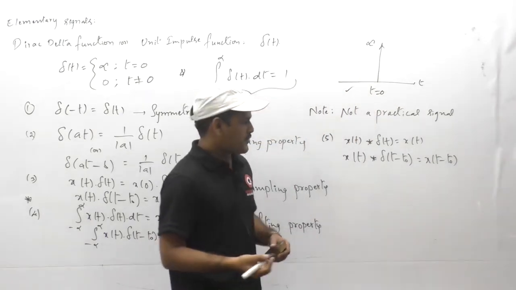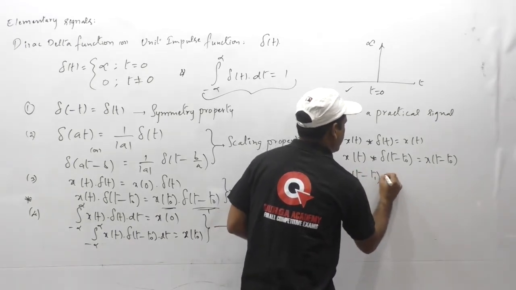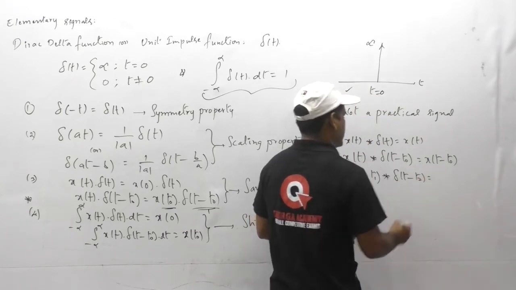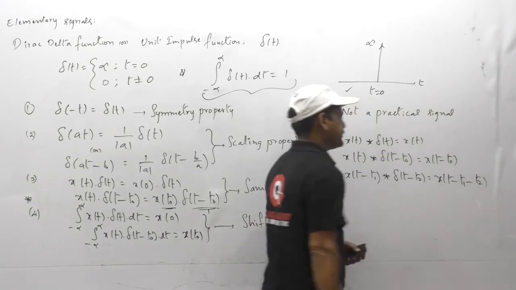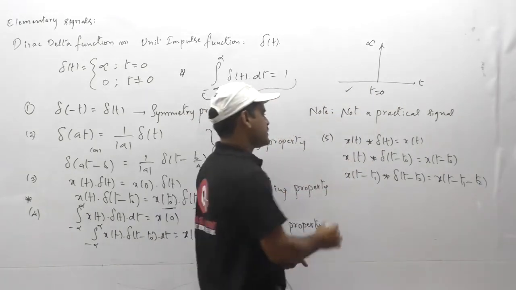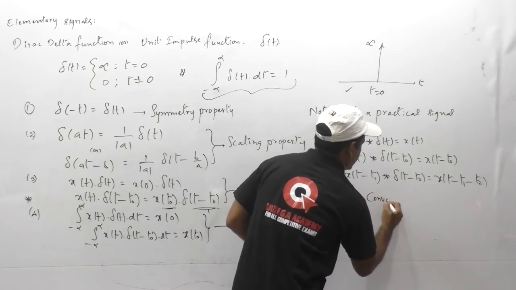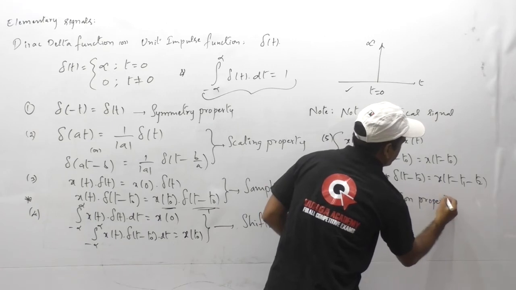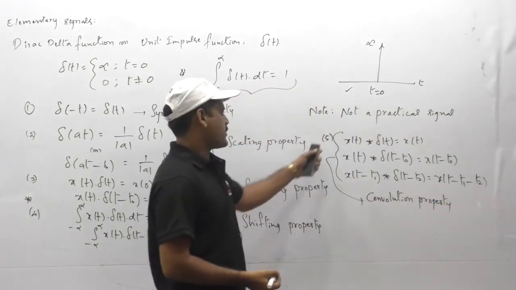We have one more form of the convolution property: x of t minus t1, whenever it is convolved with del of t minus t2, we will get x of t minus t1 minus t2. Observe, these three equations are different forms of the convolution property of the delta function. This property is most helpful in LTI system properties.